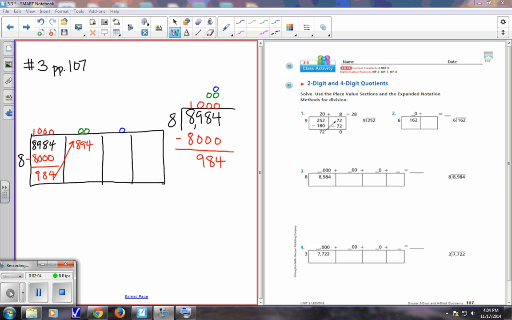How many 8 fit into 800? That would be 1. Let me get my green pen. 1. 100 times 8 is 800. I'm going to fix something. It's supposed to be 984.